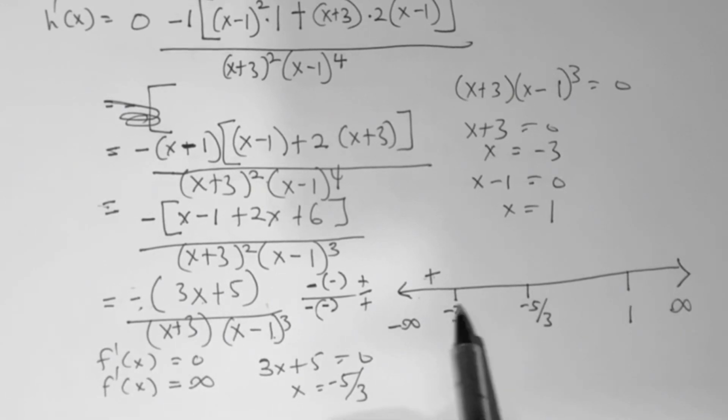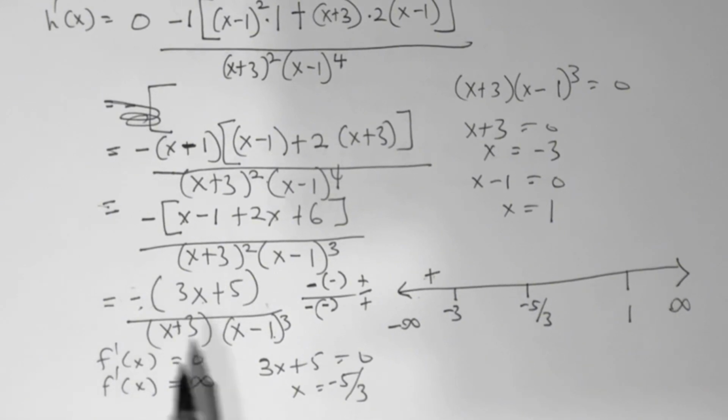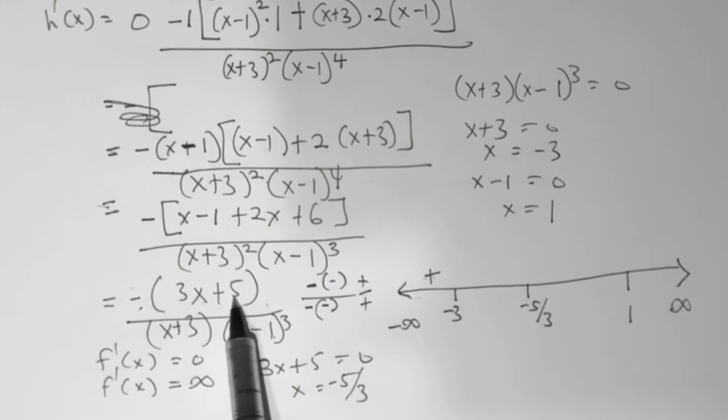Now let's come to a value between −3 and −5/3. −5/3 is around −1.66, so let's assume −2. Let's take −2. So now, if we put −2 in the numerator, 3 times −2 is −6. −6 plus 5 is −1.